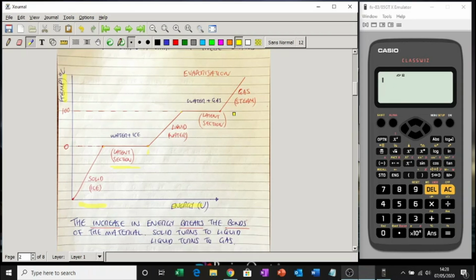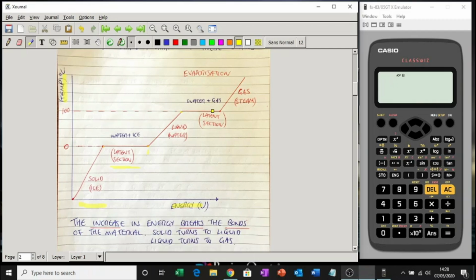So water into steam. We know this point for water is 100 degrees on Earth at ground level. So at 100 it starts to evaporate, and you will see the evaporation happening. Again, you have this latent heat of evaporation because the bonds are being broken down. The bonds are being broken from liquid to a gas.